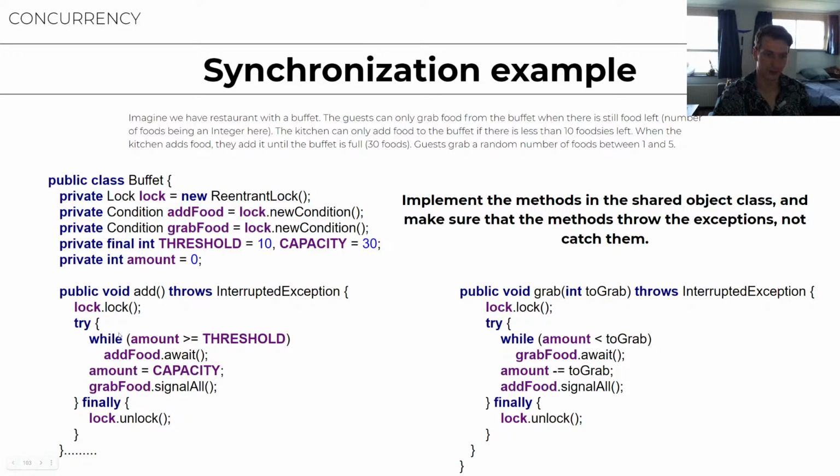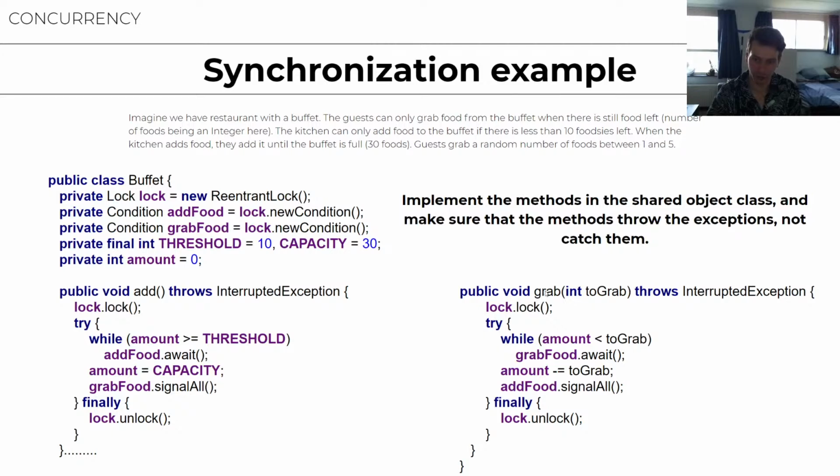Then for the final part, what does the kitchen have to do when it breaks out of the while loop? Well, when it breaks out of the while loop, it knows for sure that it can add food. So it sets amount equal to capacity, and it gives a signal to grab food, basically signaling all the guests that are waiting, hey, we just replenished the buffet, you can grab food again.